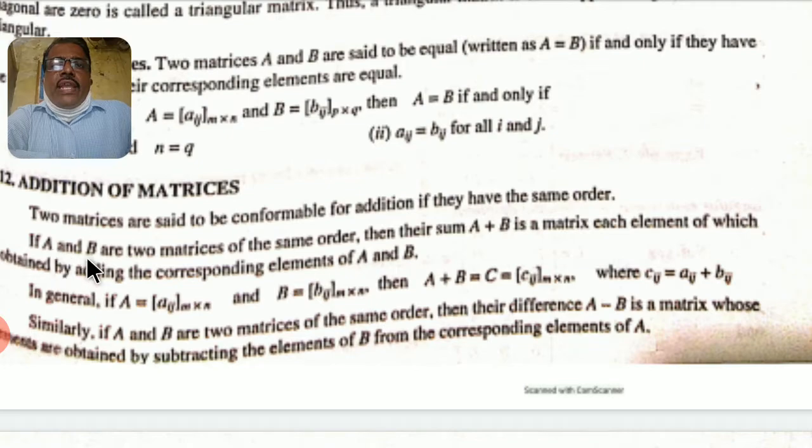So if A and B are two matrices of the same order, then to add two matrices, it is very, very important that the two matrices have the same order. Suppose you want to add A and B matrices, A has 2 cross 3 order and B also has 2 cross 3 order, then only we can add these two matrices.